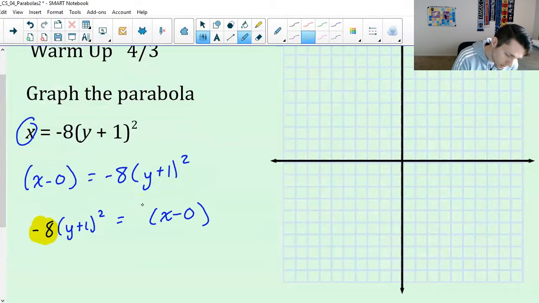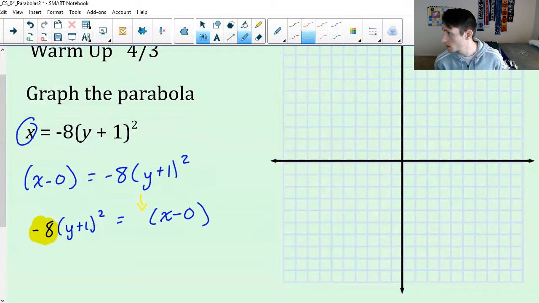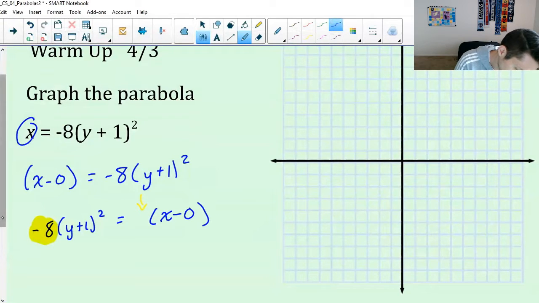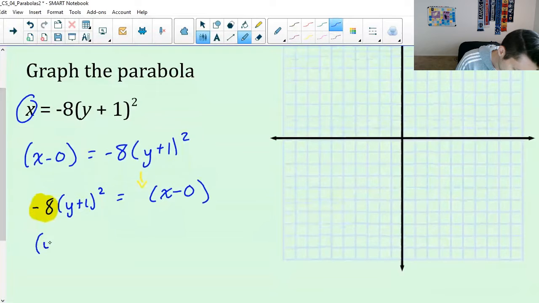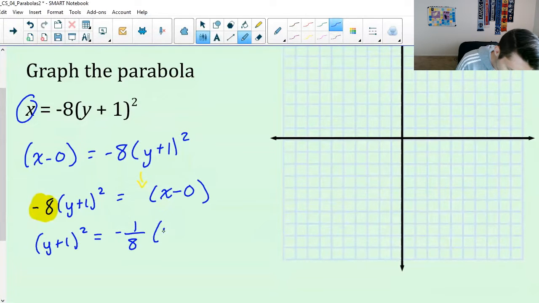So if there is a coefficient at all, we want it right here in front of the binomial that doesn't have the squared on it. So how do we get rid of that? We're going to divide both sides by -8.